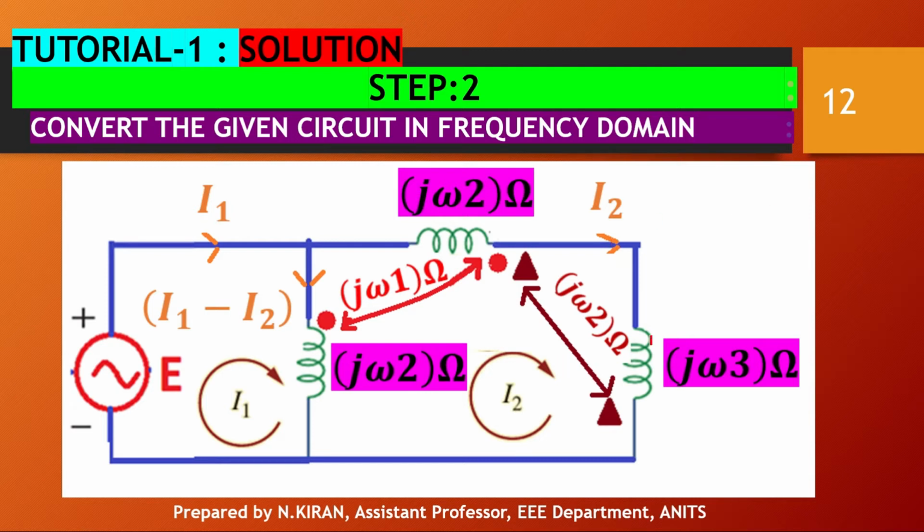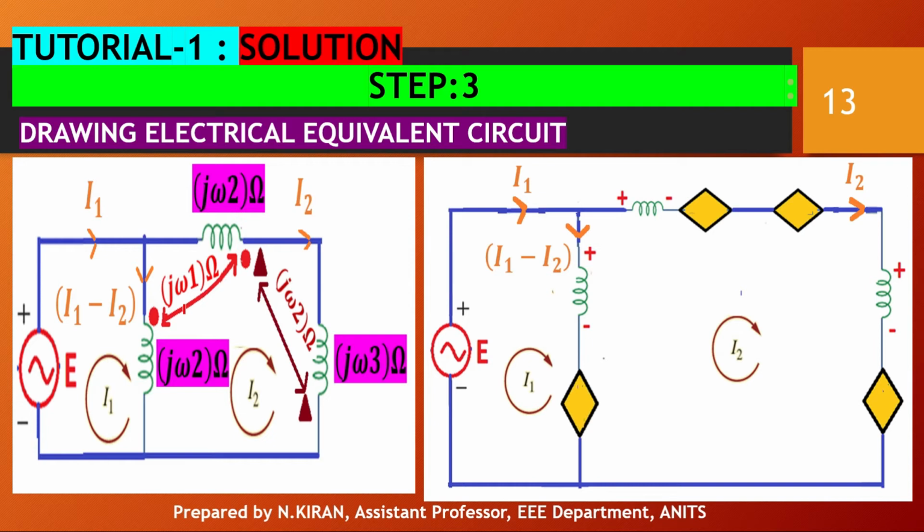We all know that the number of self-induced EMFs will be only one, and the number of mutually induced EMFs will depend upon the number of couplings existing. If I consider the first coil, as you can see, the first coil has only one magnetic coupling with the second coil.